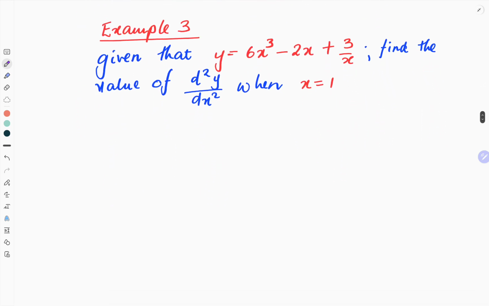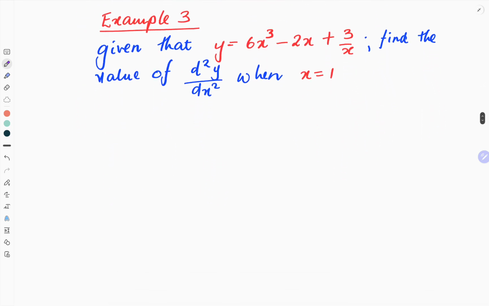Then in example number 3, given that y is 6x cubed minus 2x plus 3 over x, find the value of the second derivative when x is equal to 1. The first thing that you want to do again is to make this denominator a numerator, because you don't want to differentiate when the variable is on the denominator. So that becomes 6x cubed minus 2x plus 3x to the power negative 1.